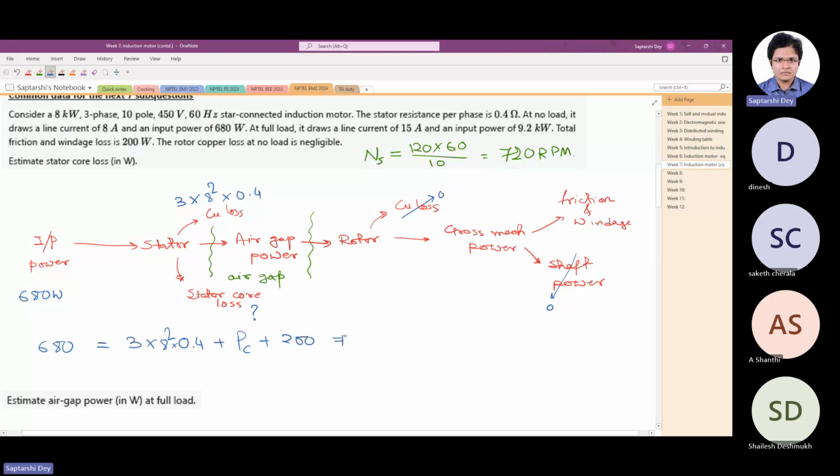From here, the stator copper loss comes out to be 403.2 watt.